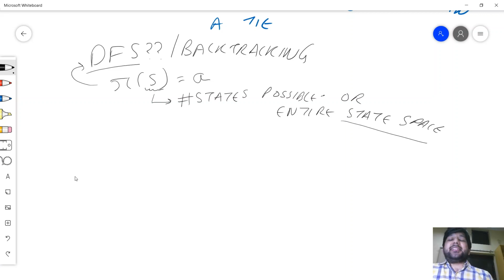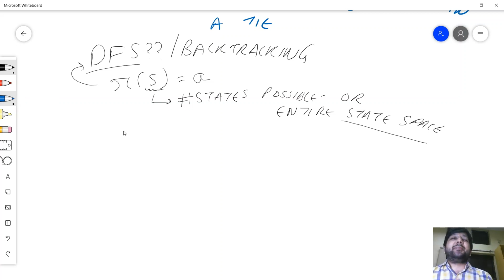Now, in search, there was a tree search equivalent, there was a graph search equivalent, and I said, for graph search, use it if you have memory. Use breadth first search, uniform cost search, and the A-star algorithm. If you don't have memory, use iterative deepening. You don't have memory to store everything. What if you actually have the memory to store that?